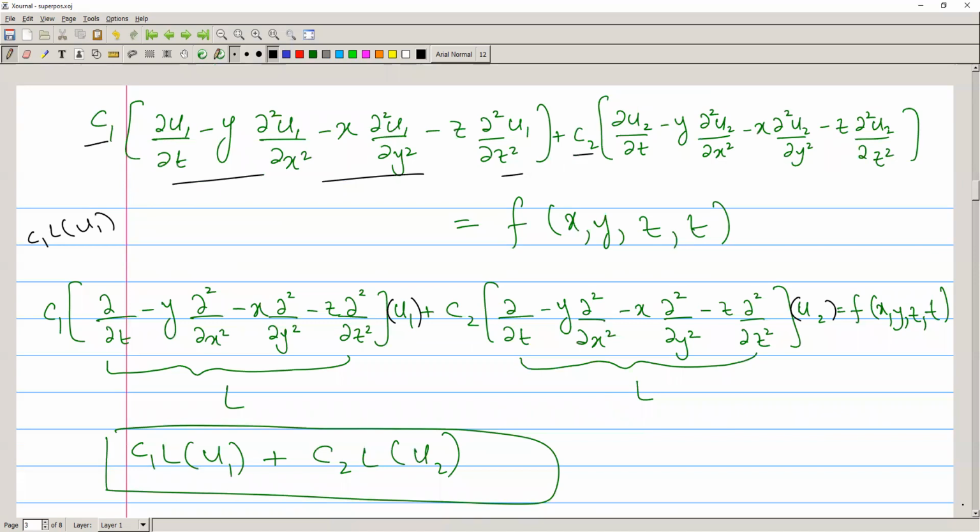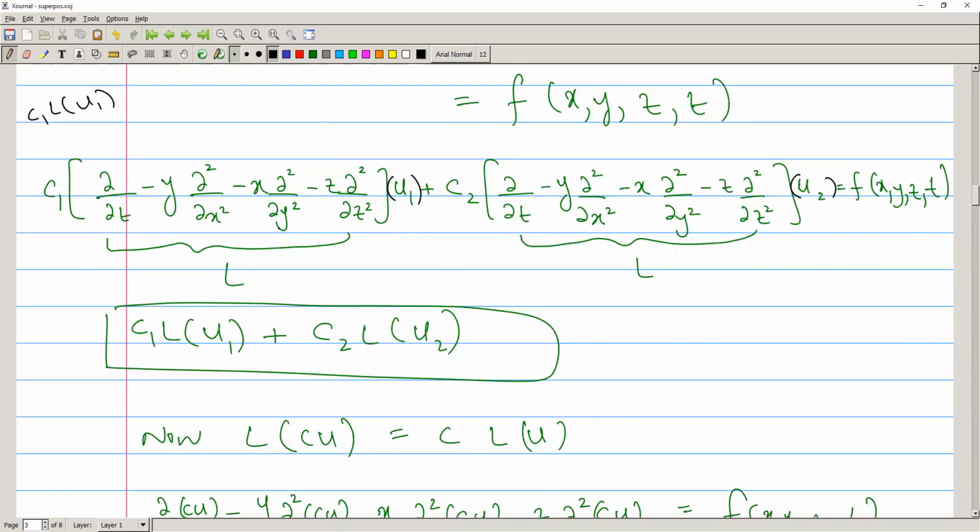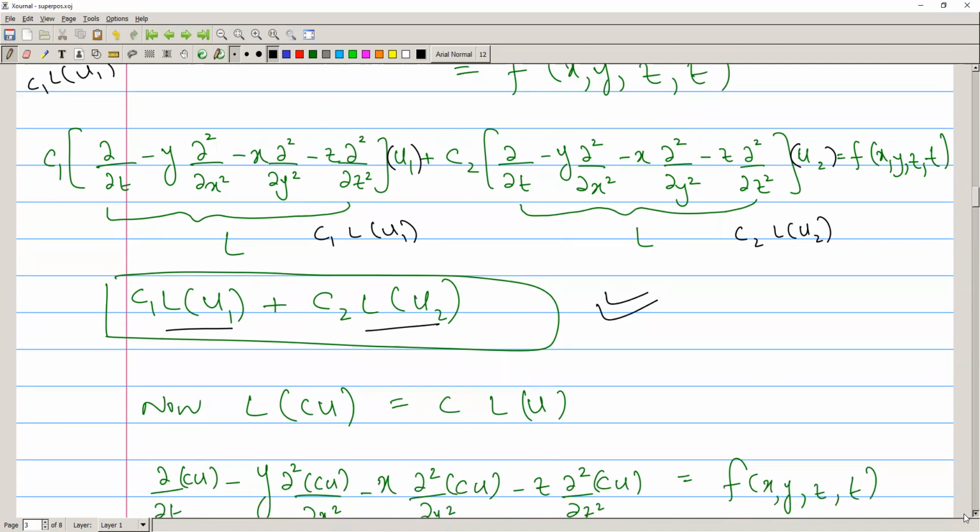So now we see that this is C1 times LU1 and this is C2 times LU2. So now we are done. We can see that this is C1 times LU1 plus C2 times LU2. So we are done with this condition. This condition is enough and this is good.